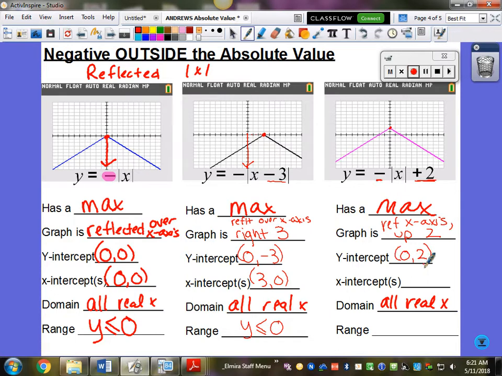Our x-intercepts are at -2, 0 and +2, 0. Range, that goes back to the vertex. The highest y value is 2, and all other y values are going to be less than 2.